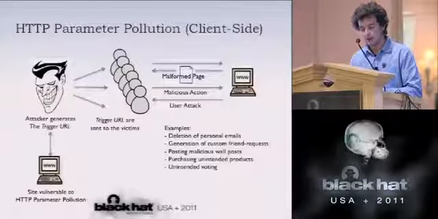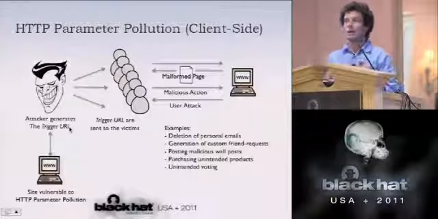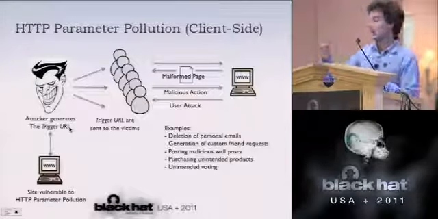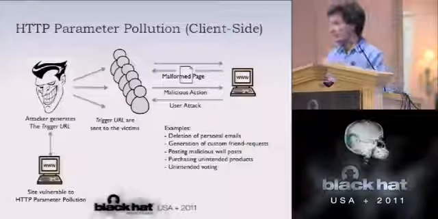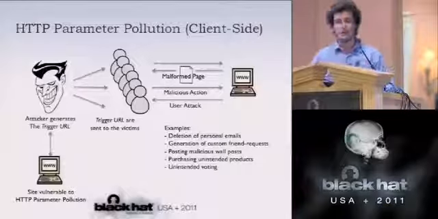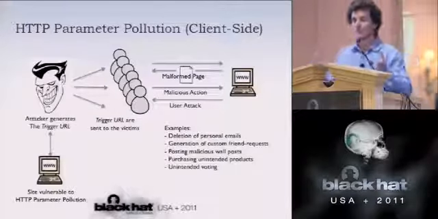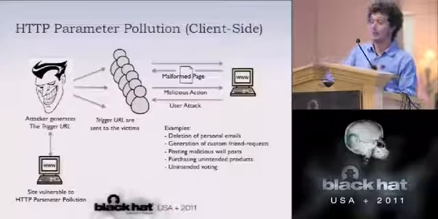So he creates a trigger URL, a URL that the attacker sends to the victim, and when the victim clicks on this URL, they end up with a page that has been modified by the attacker.